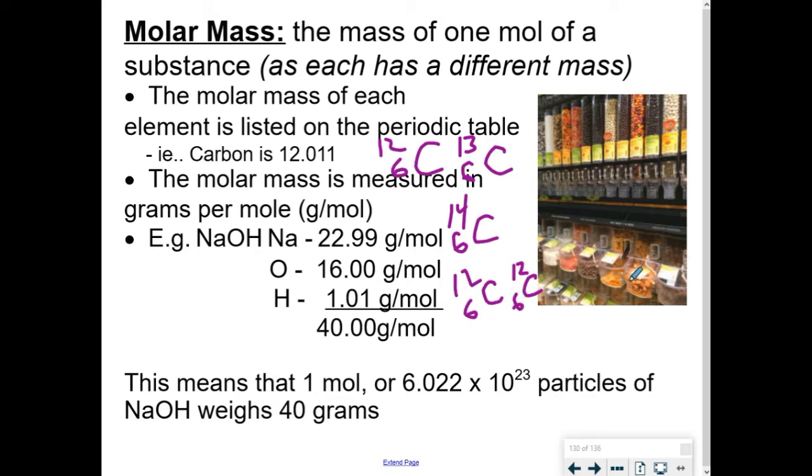But let's say you're going to the bulk bin and you're taking a whole bunch all at once. Well, now will it average out to a nice even number? No. Carbon averages out to 12.011. So what we're going to work on now is basically calculating how heavy or how much there happens to be in a compound or in an element. Here's a really basic example.